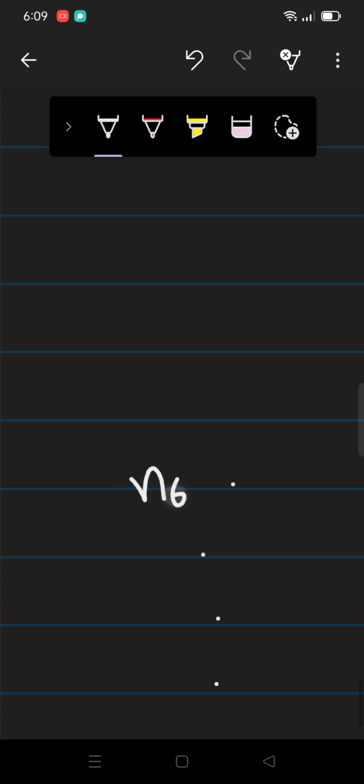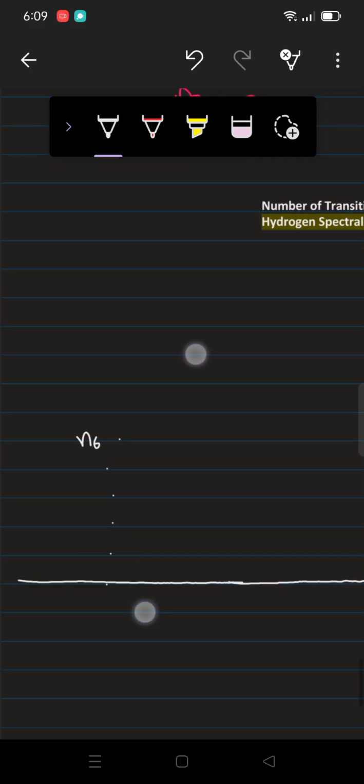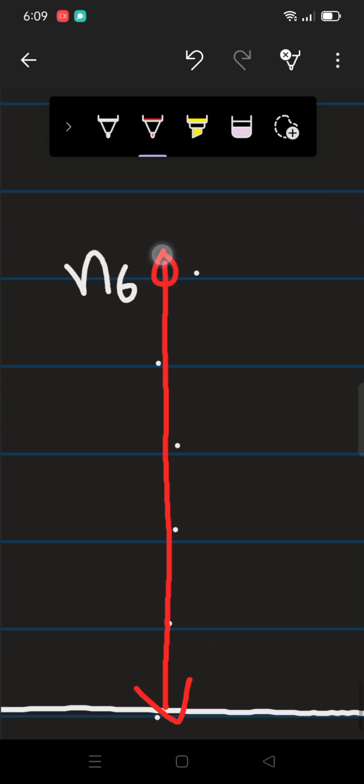Here we have N6. So now an electron coming from the 6th orbit, how many transitions would there be? In how many ways can it come to the N1 orbit, right? So let's make that. Now the first possibility would always be that it can come directly.